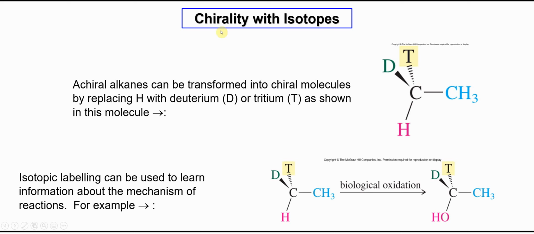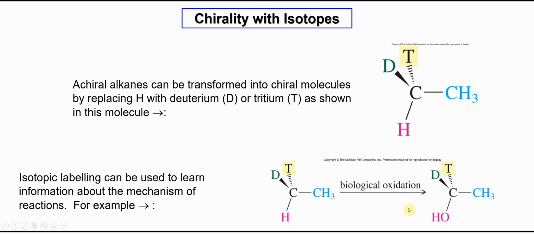You consider it as chirality with isotopes. Again, your achiral alkane can be transformed into chiral molecules by replacing your hydrogen with its isotopes, such as deuterium and or tritium.